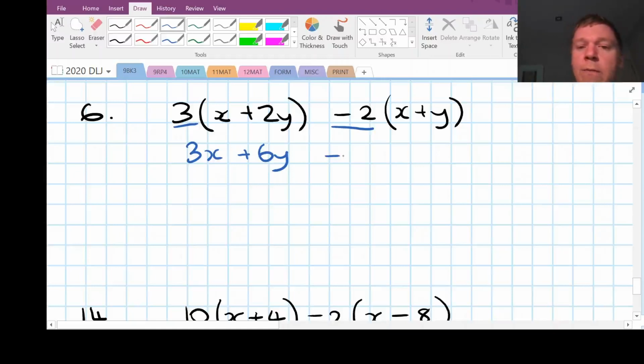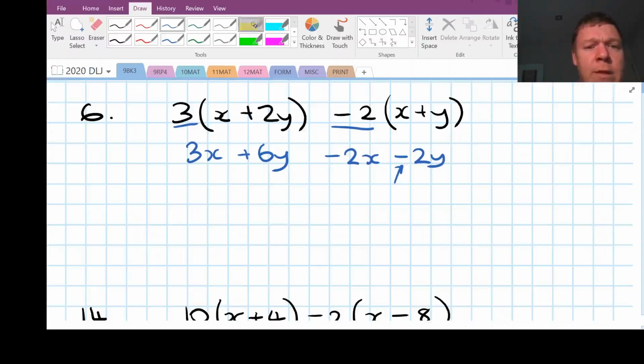So for this, you've got to be careful. Negative 2 times x is negative 2x, and negative 2 times y is negative 2y. So it's very common for this negative to be lost. And that'll lead to the wrong answer.